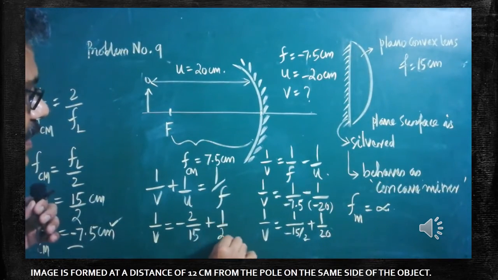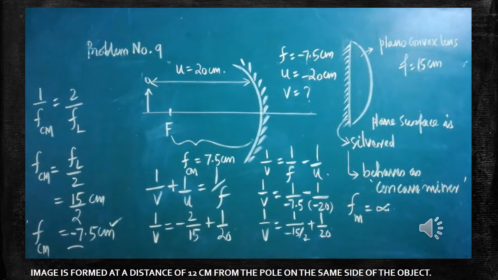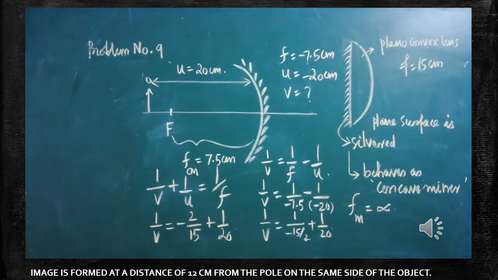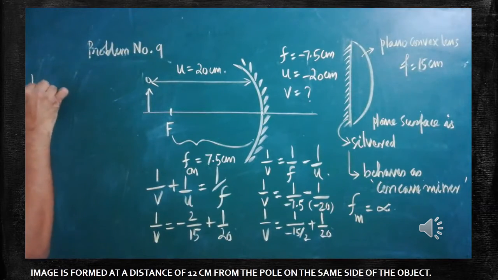Space is not sufficient. We will go to the next page. Substitute: 1 by v is equal to minus 2 by 15 plus 1 by 20. I will continue the derivation here.